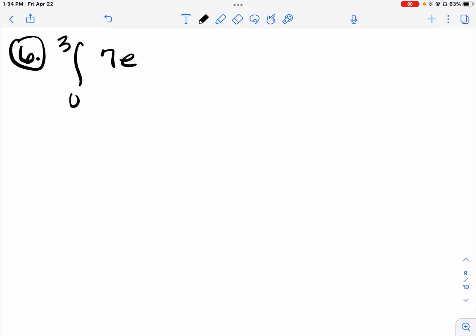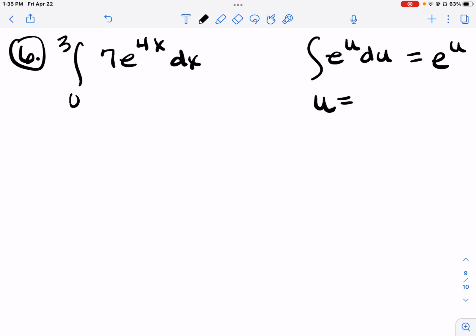Okay, integrating e. The integral of e to the u du is e to the u. So u is what the exponent is. So du is 4 dx.